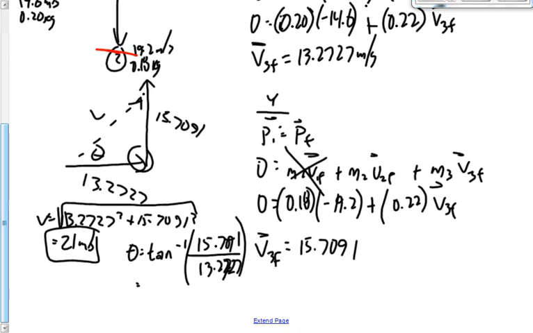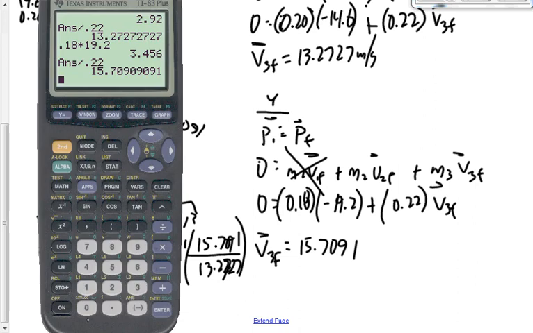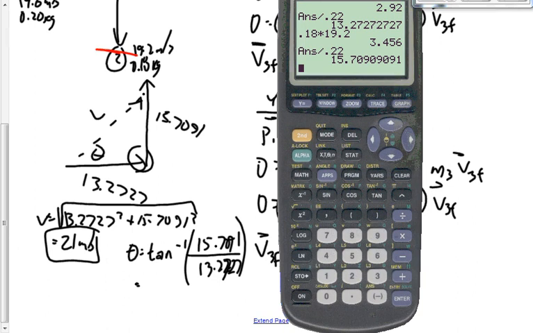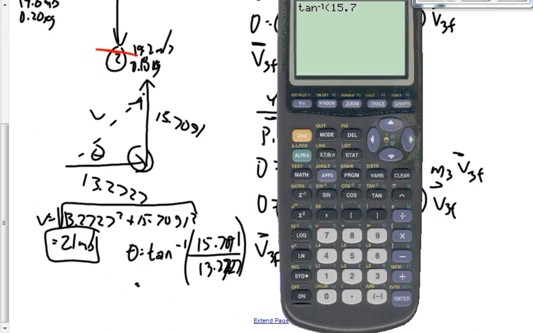If it isn't 1, then make sure you go into degree mode. Okay, so let's find the angle here. We got the inverse tan of 15.7091 divided by 13.27.